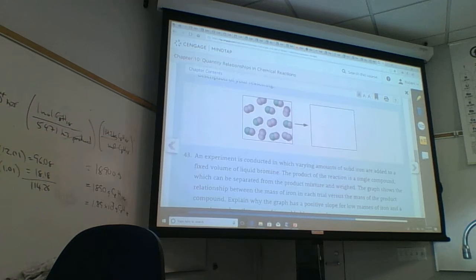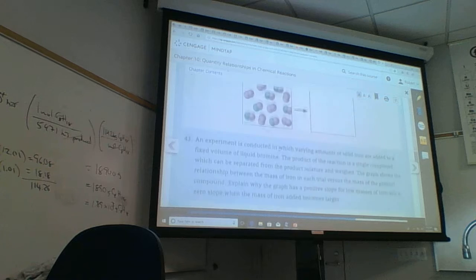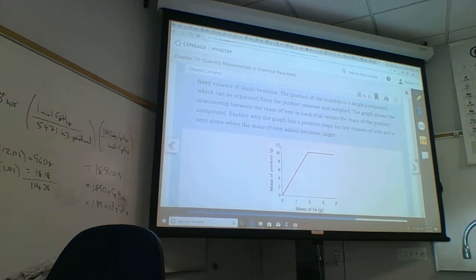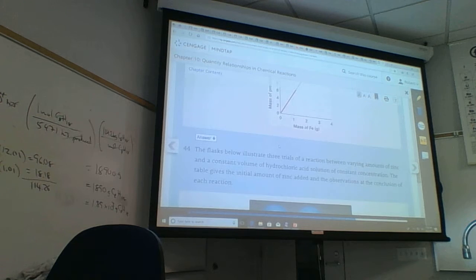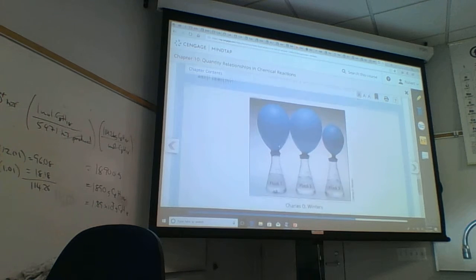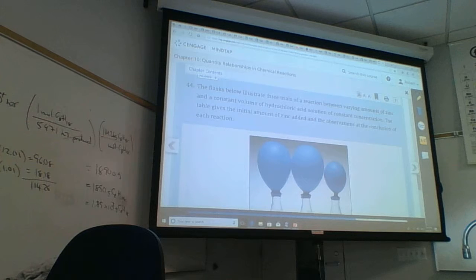And so this is more conceptualizing here. This is more conceptualizing. And so we have zinc and hydrochloric acid.